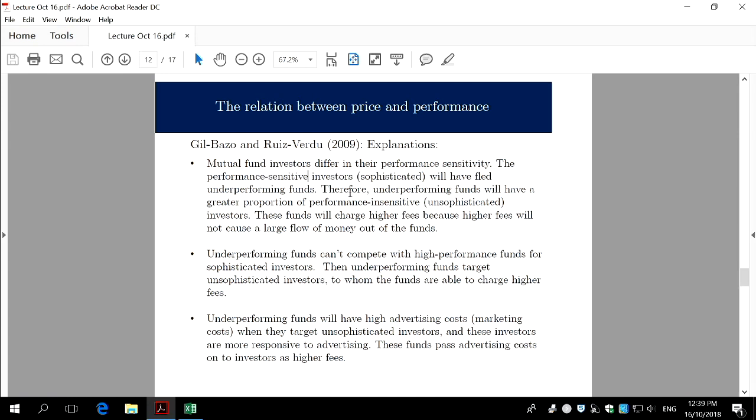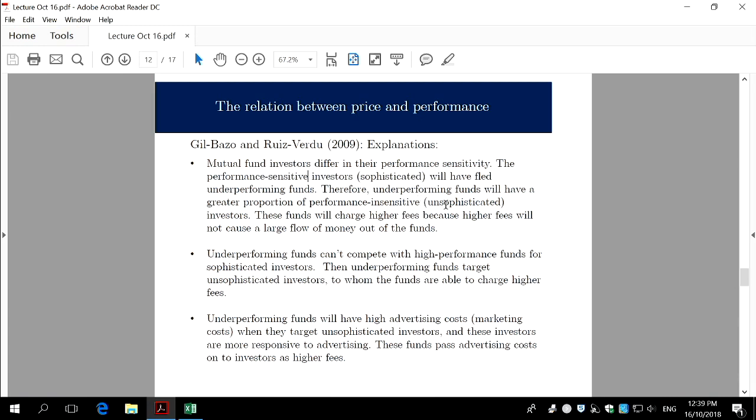Therefore, underperforming funds will have a greater proportion of performance insensitive, or unsophisticated, investors, which means sophisticated investors will run away from bad funds.